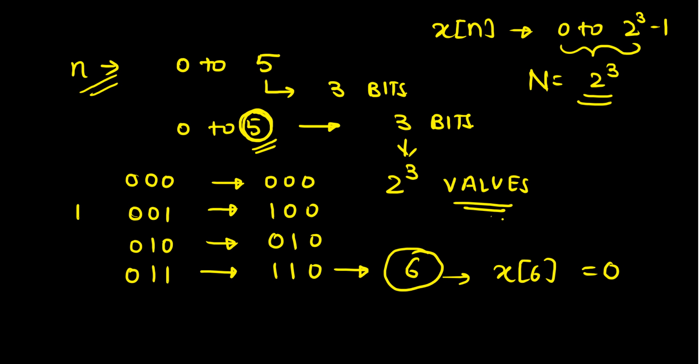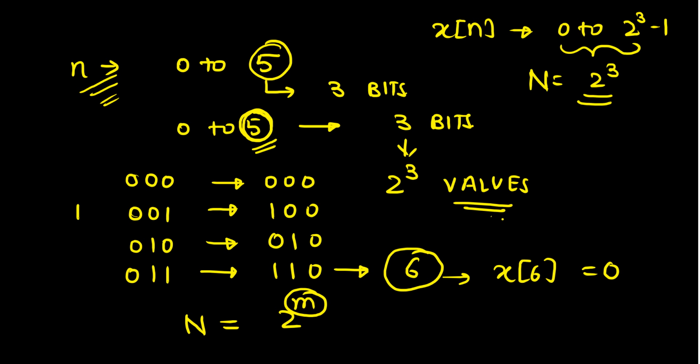Or in other words, the value of n should be found as 2 to the power m, where m is the minimum number of bits required so that we can represent the highest number, that is 5, or any highest value of n that we have.